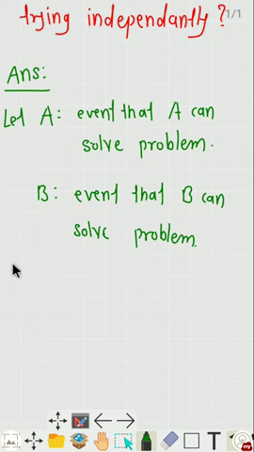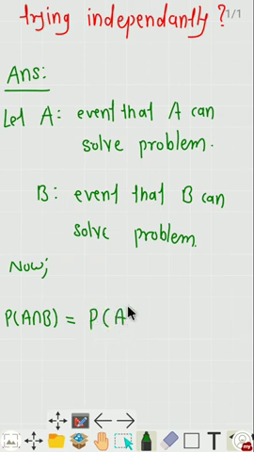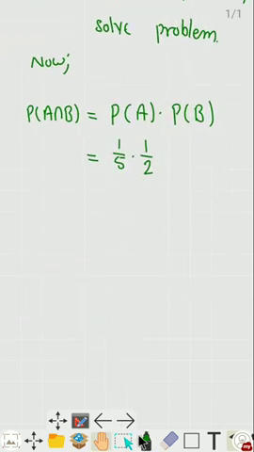Now we will write the probability of A intersection B. We have to find the probability that both will solve the problem, which means we have to find the probability of the intersection. By the multiplication theorem, it is equal to probability of A into probability of B. Probability of A is given as 1 upon 5, and probability of B is 1/2, and the product of these two is 1 upon 10.